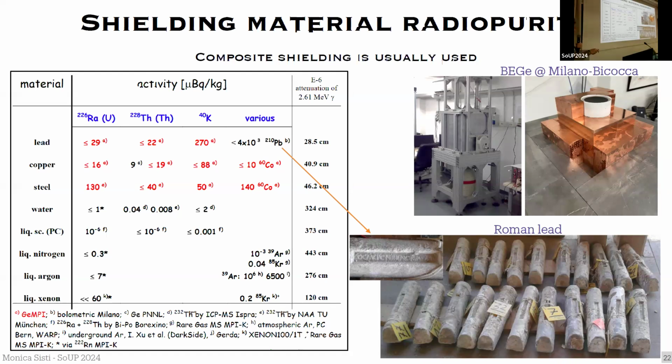I want to highlight Roman lead. Roman lead is lead that was found on a ship from Roman times that sank close to Sardinia. This lead is quite appealing because, as we know, we have lead-210 in lead, which has a half-life of 22 years.